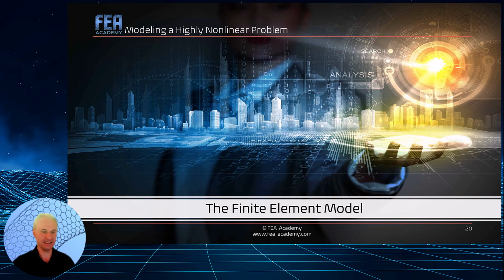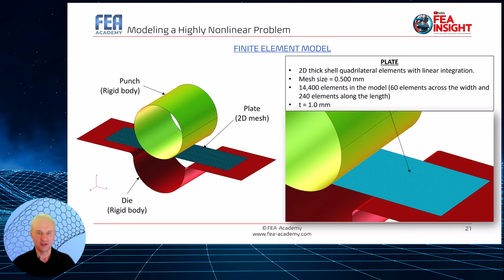So now let's see the definition of the finite element model for this simulation. The FEM is made of 2D shell quad elements with linear integration for the plate. The mesh size is 0.5 millimeter.